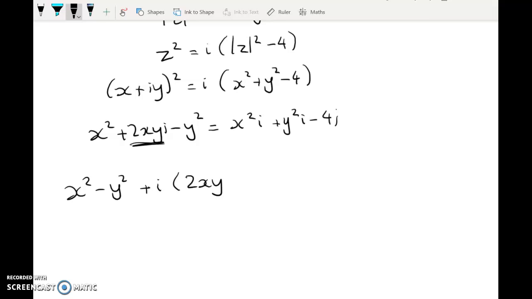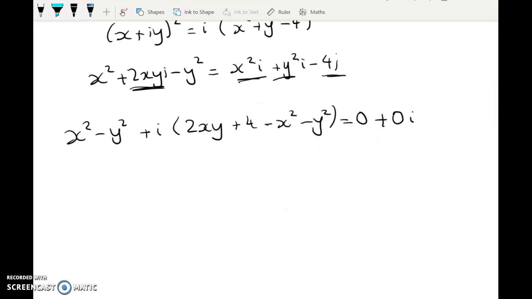2xy plus 4 from here, minus x squared here, minus y squared, and that equals 0. But remember that 0 in a complex number means 0 plus 0i. So we've got two equations to solve. The real bit has to equal 0, and the imaginary bit has to equal 0.